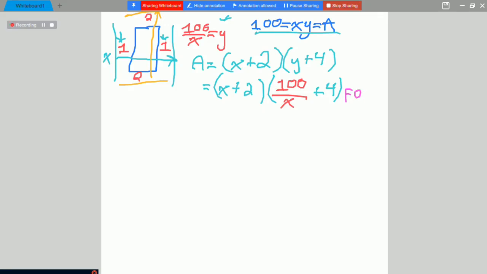FOIL is a fairly easy concept. It's first, outside, inside, last. So we're going to handle the outside expressions first, and then the inside last. Let's see, we're going to get 100x over x plus 200 over x.